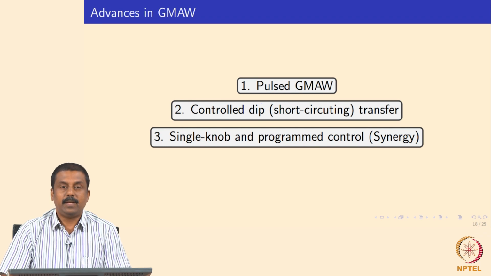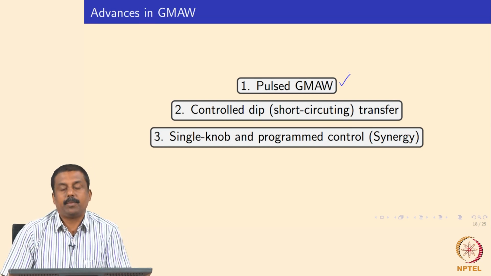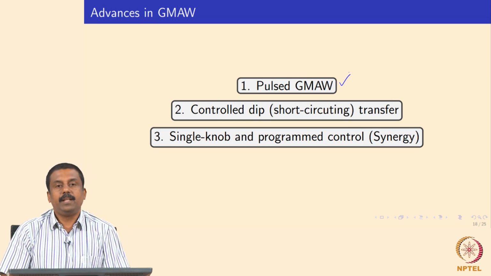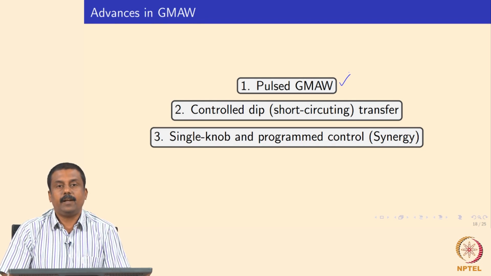By using pulsing, we can achieve a spray transition at a much lower mean current than otherwise with constant current. So pulse GMAW is also one of the most attractive processes to reduce the heat input considerably, while still achieving a spray transition.